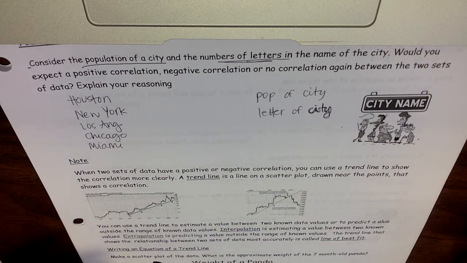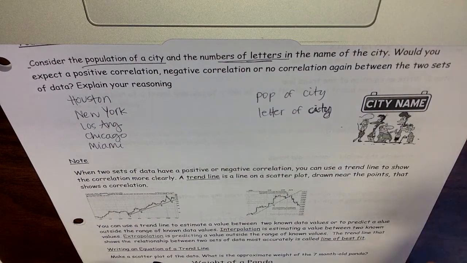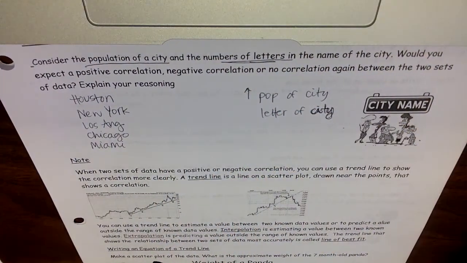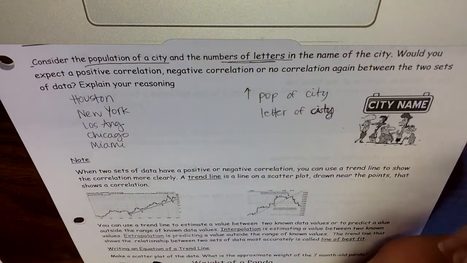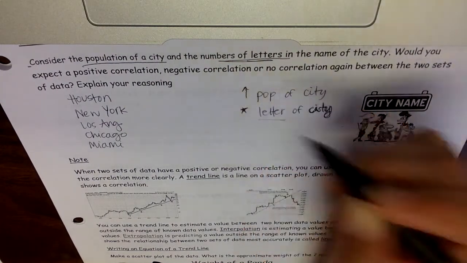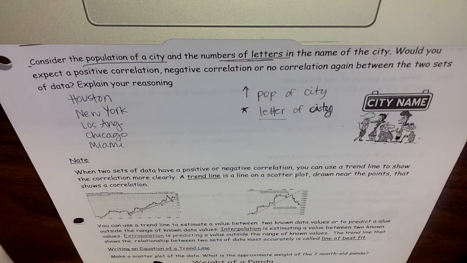So we could count up all of those letters. Now, if the population increases, does that mean that the city is going to have more letters in it? And hopefully you're like, well, no, it doesn't matter how many letters the city has in it. It has nothing to do with the population.